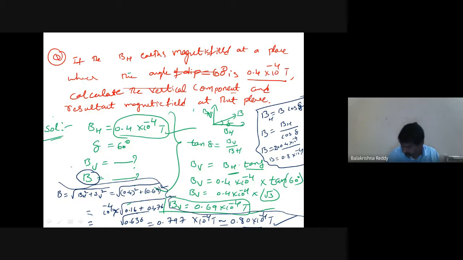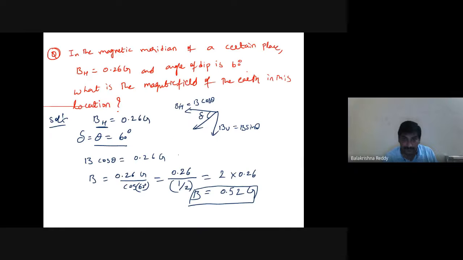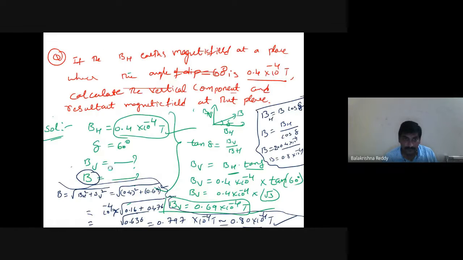The question is that an electron moves around a nucleus in a hydrogen atom.